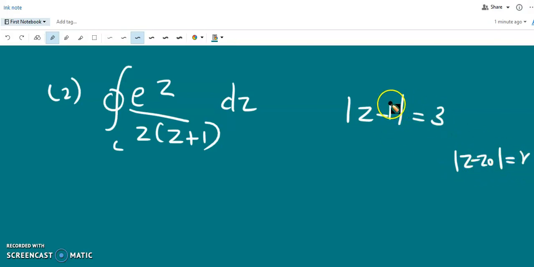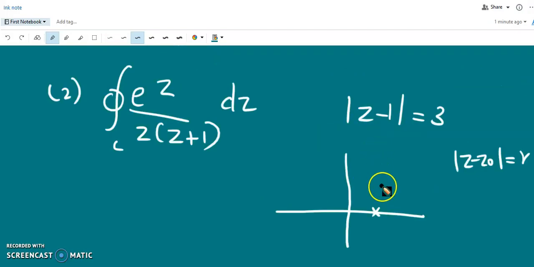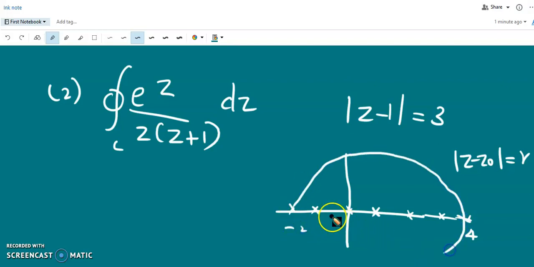So here this is the center. So when we draw the contour, we should be careful that the center is not z equal to 0 but z equal to 1. With radius 3, going 1, 2, 3 to the right we reach the point 4, and going 1, 2, 3 to the left it touches the point minus 2. You should check which points come inside this. So this is a contour with center 1 and radius 3.